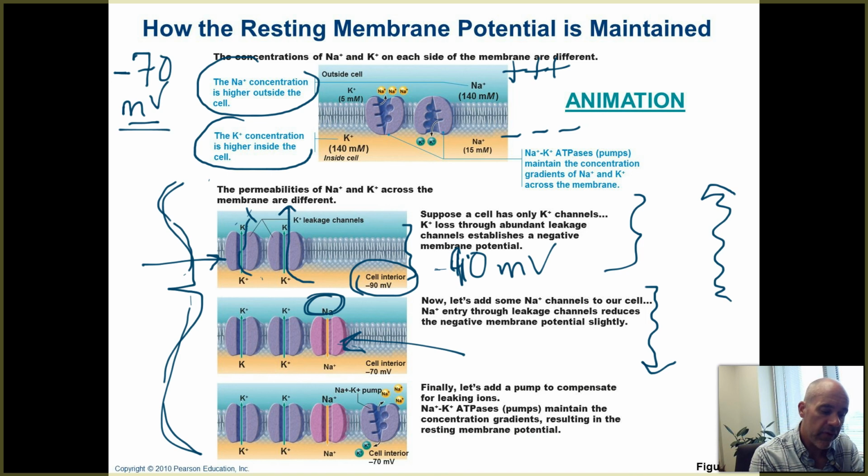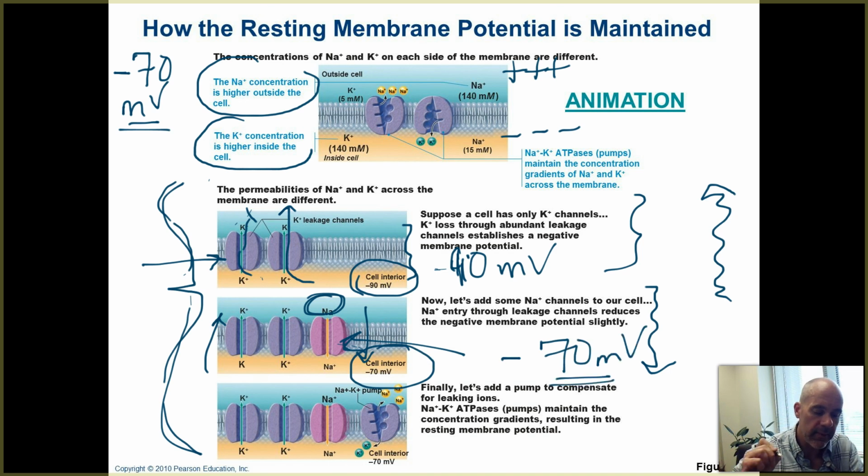All right, so if you had both potassium channels and sodium channels, allowing potassium to flow out and sodium to flow back in, that would actually bring the interior charge back up to about where we want to be, about minus 70 millivolts, because you're letting some more positive charges back in.